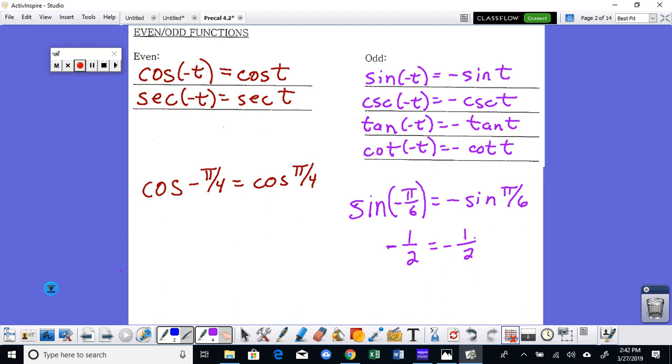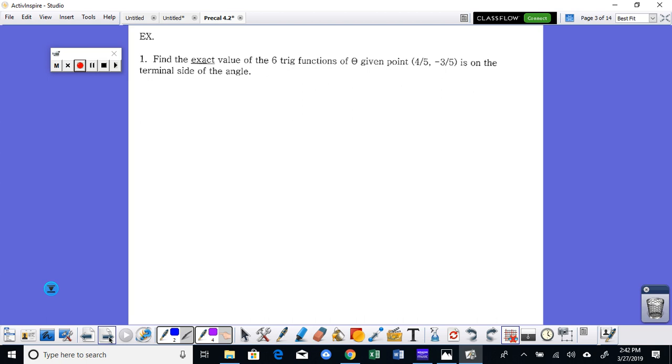Okay? All right, let's try an example using our right triangles. We want to find the exact value. Now, when it means exact, I want a fraction, not a decimal, of the 6 trig functions.